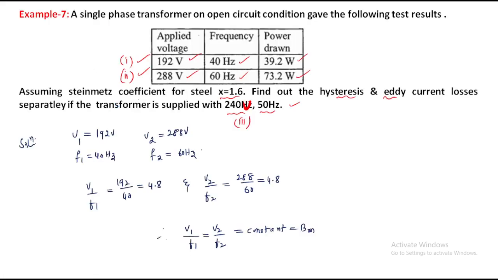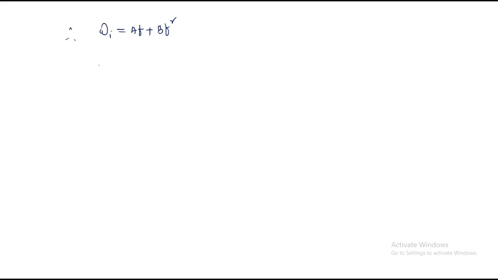Therefore the iron loss component equals A into F plus B into F square. From the first case, the iron loss component is 39.2. From the second case, the iron loss component is 73.2. At 40 hertz we have 39.2, at 60 hertz we have 73.2. Then substitute these data into this equation. So we have 39.2 watts at 40 hertz, that's why A into 40 plus B into 40 square.